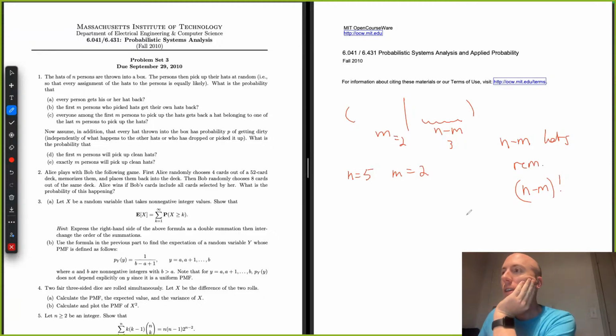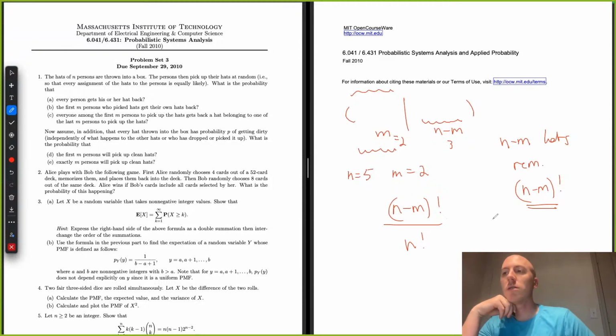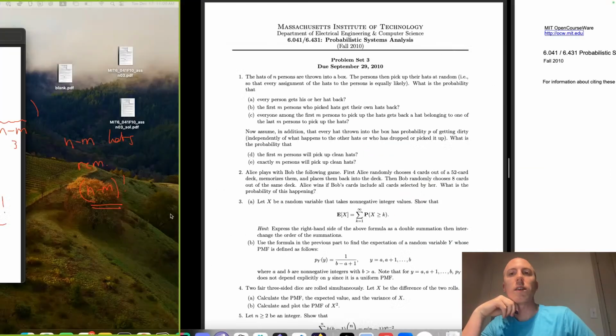We're basically asking how many of these are there? The answer is n minus m factorial, because we fix the first m, and then we look at all the possible remaining permutations. So the answer would just be n minus m factorial over n factorial. That seems like what the answer is.